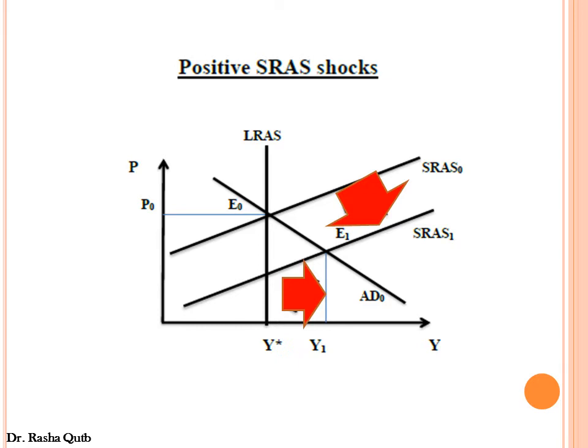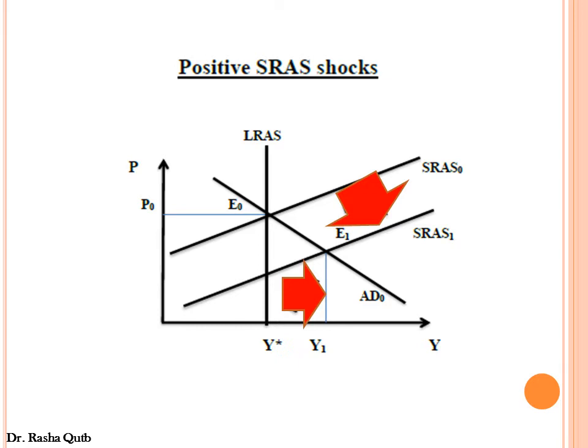Okay? Suppose I have a reduction in oil prices, reduction in wages, or enhancement in productivity, an increase in the productivity of factors of production. This would affect the short-run aggregate supply curve and cause a rightward shift in the whole curve.